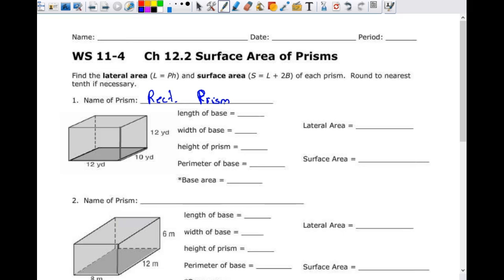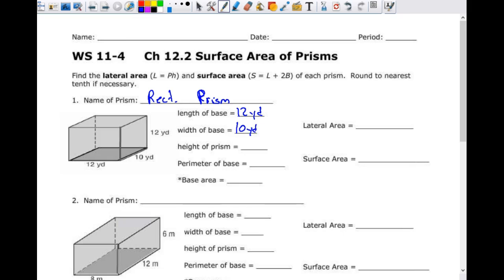What is the length of the base of this prism? 12 yards, you're correct. What is the width of the base of this prism? Don't yell it out loud. I said don't yell it out loud, Blake. The answer is 10 yards.